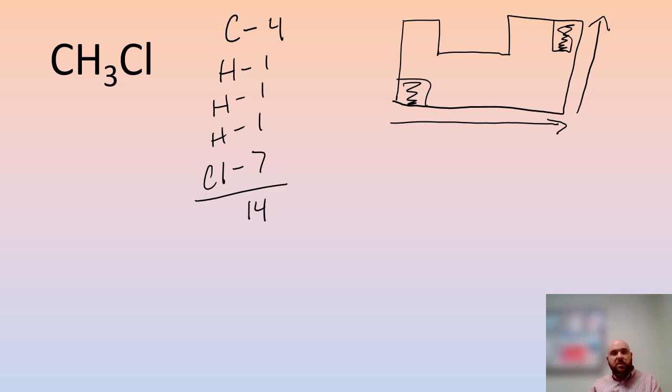So things here have very high electronegativities, and things here have the lowest electronegativities. If we go by this trend, we would see that the atom with the lowest electronegativity that is not hydrogen would be carbon. So the next part of this rule is to put carbon in the center, make it the central atom, and then give everything a single bond to that carbon.